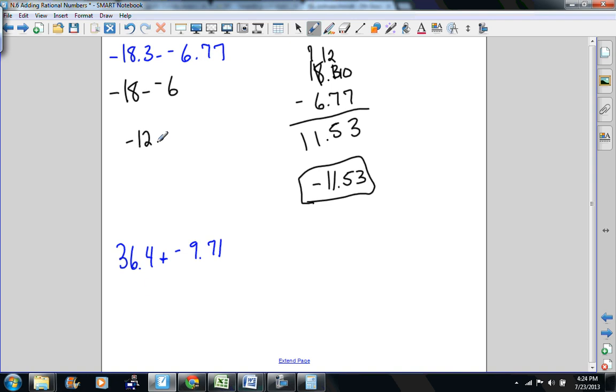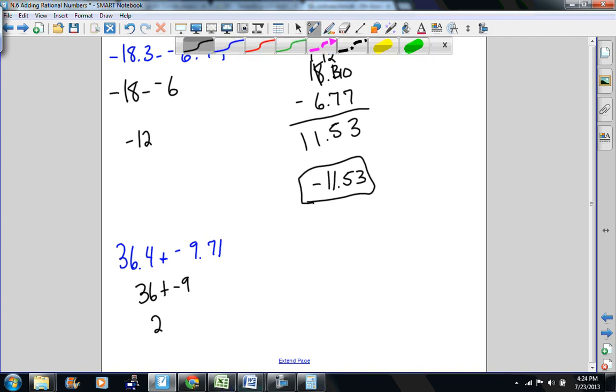One on the bottom, same thing. 36 plus a negative 9, or negative 10 if you round it up. Well, that should be 25. No, it shouldn't be 25. It should be 27. Sorry about that. So then we did this number minus the second number.